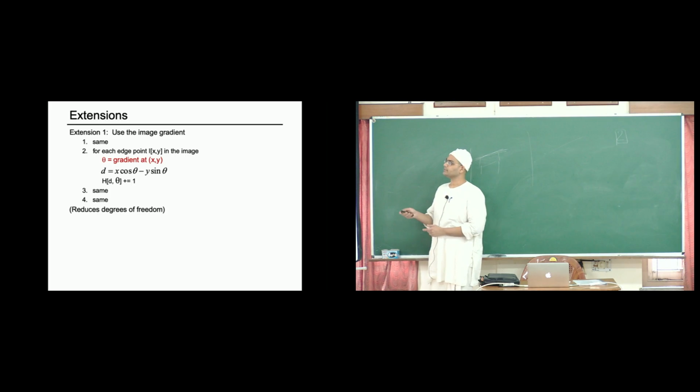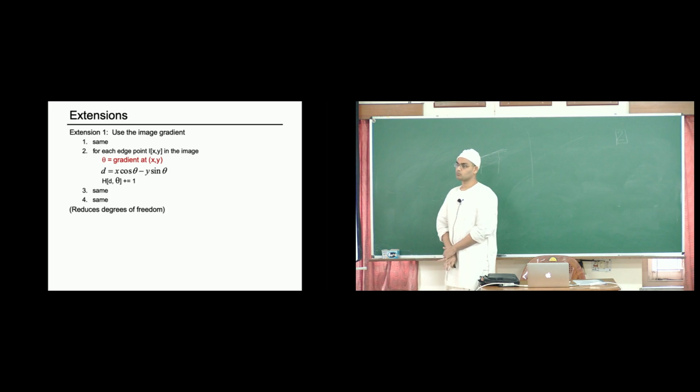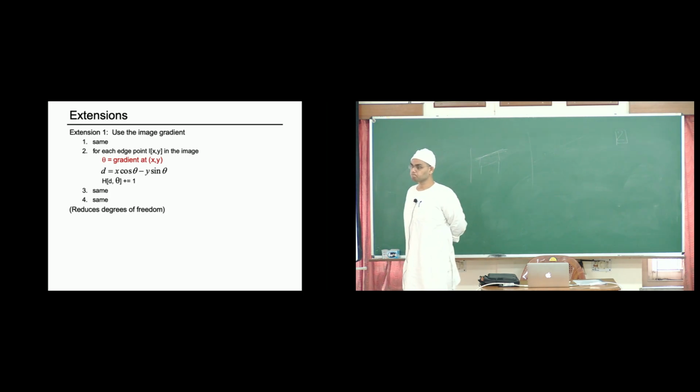What is the change here? I am not going over another loop for theta, but rather all I am going to do is get the gradient. Once I get the gradient, I just calculate the d and give a vote. Not gradient of all the thetas, but the gradient of all the points.